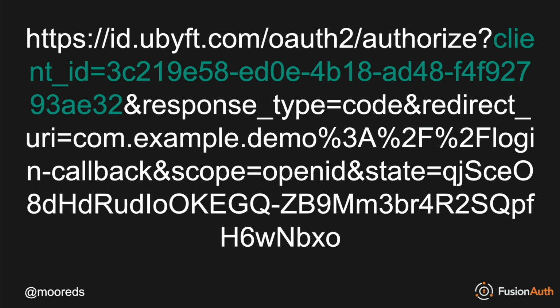Then we have the client identifier, and this right here, it's a UUID, but it could be anything, a string, an int, as long as it uniquely identifies the client to the identity server.